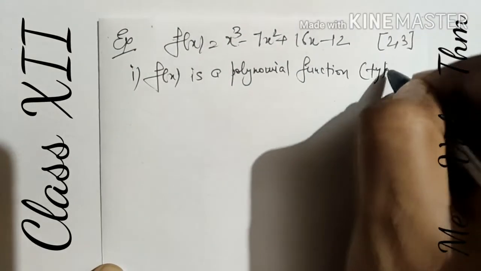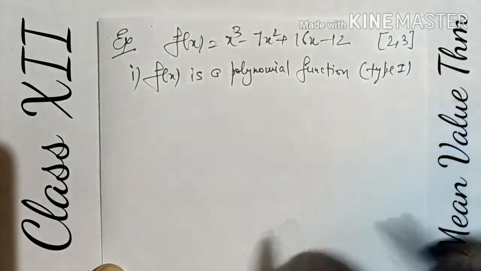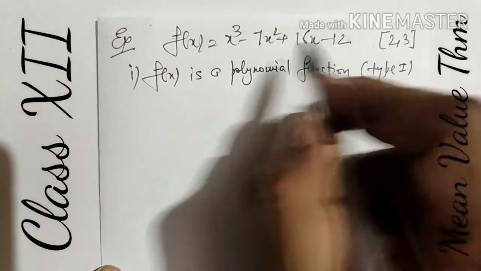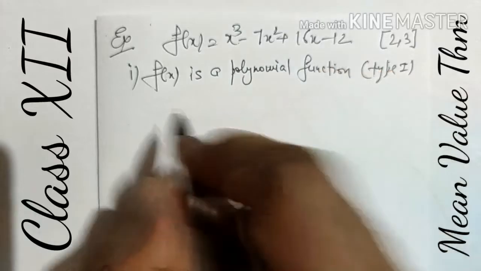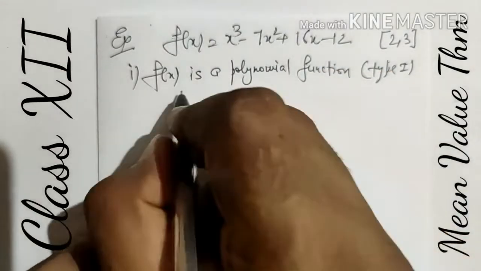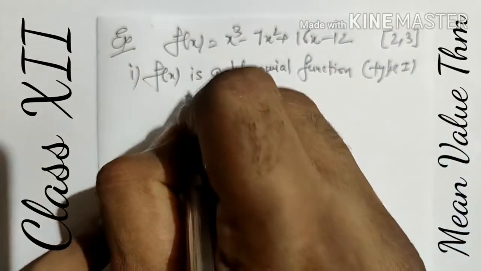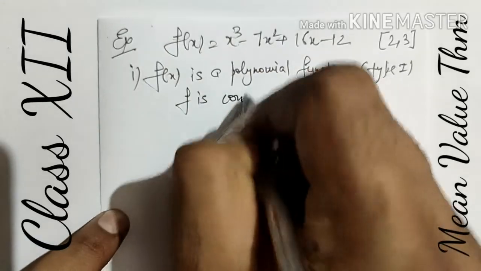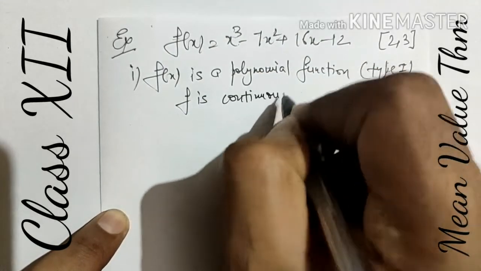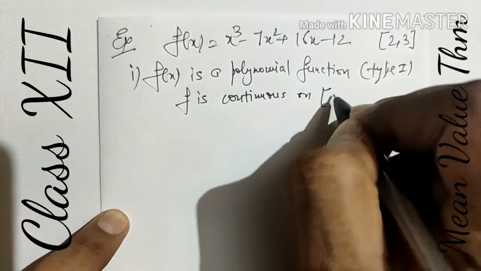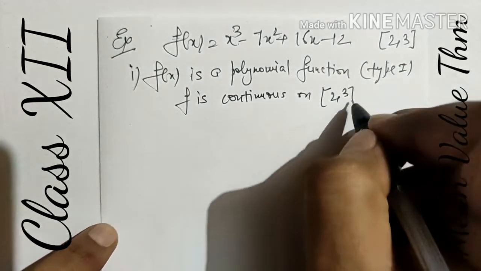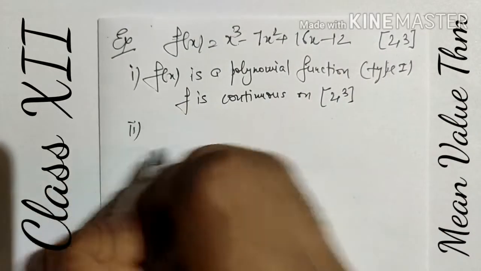Type first we have done in continuity. For first type functions, we replace the value directly. If we replace the value, it should be a finite value. So the given function is continuous on the closed interval. Like this we have to write directly.